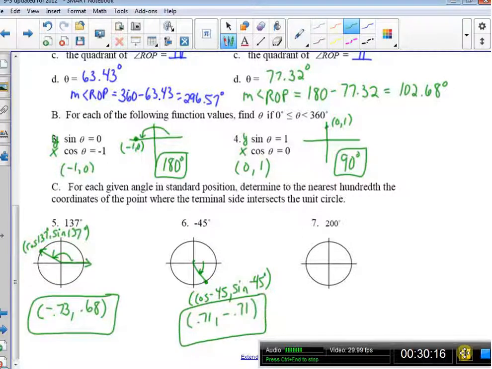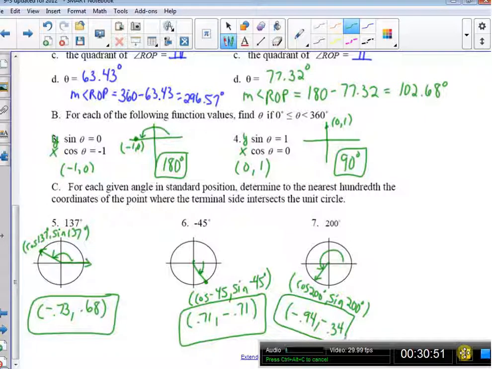You don't have to put a negative in front of the sine because it's all going to take care of itself here. And then 200 would be here. So I'd be looking for the cosine of 200, the sine of 200, which is negative 0.94, comma, negative 0.34. And that is that.